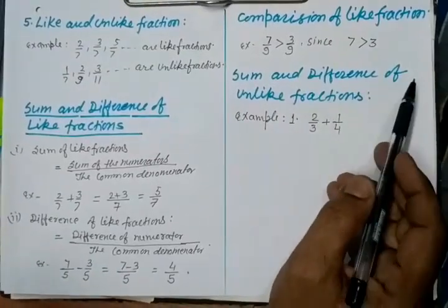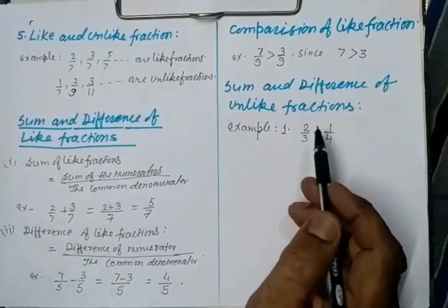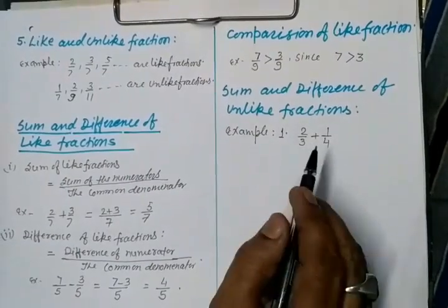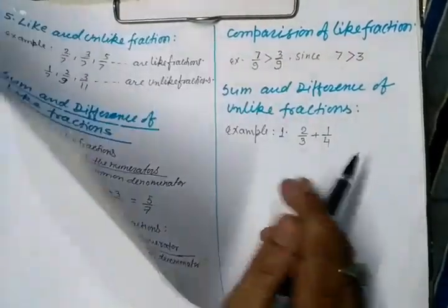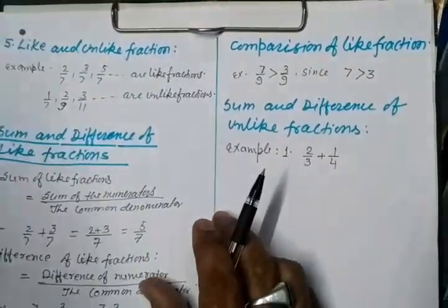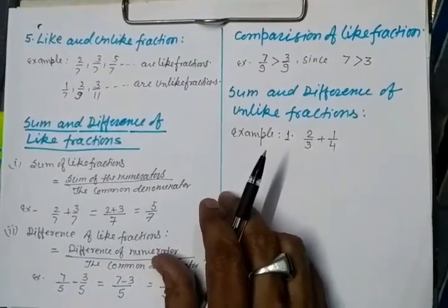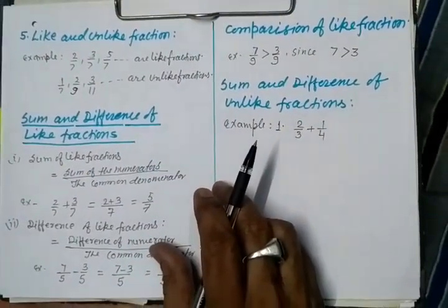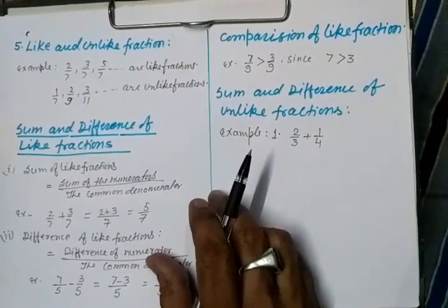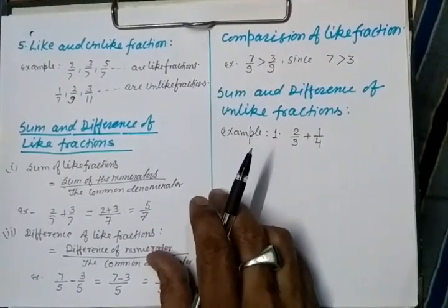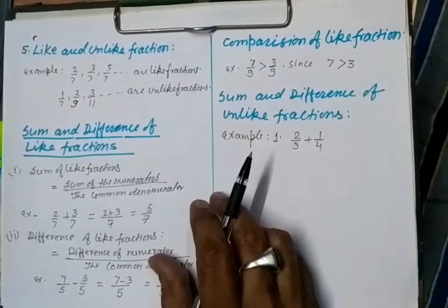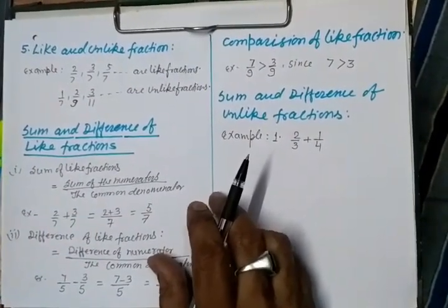Sum and difference of unlike fractions. To add two unlike fractions, we find the LCM of their denominators and then convert each fraction into an equivalent fraction having its denominator equal to the LCM, and then add or subtract as we do for like fractions.